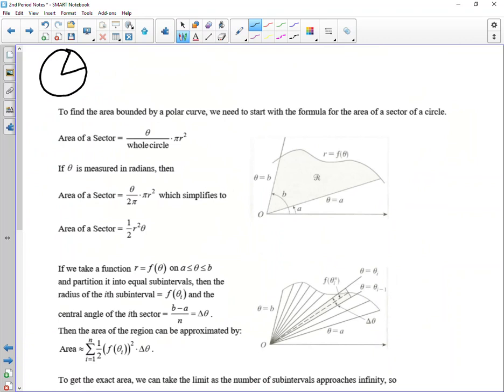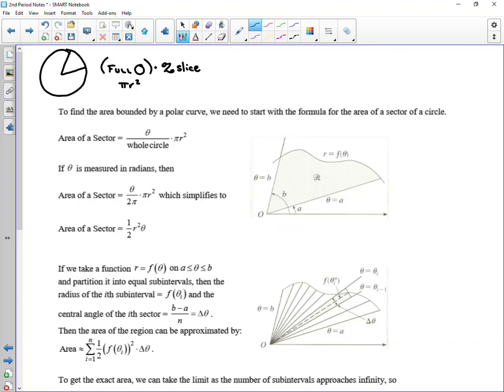Then I take the full circle, right? I don't know why I wrote a theta, it's a full circle. What's the area of a full circle? Pi r squared, right? And then I take the full circle and I multiply it by the percentage of the slice, right?